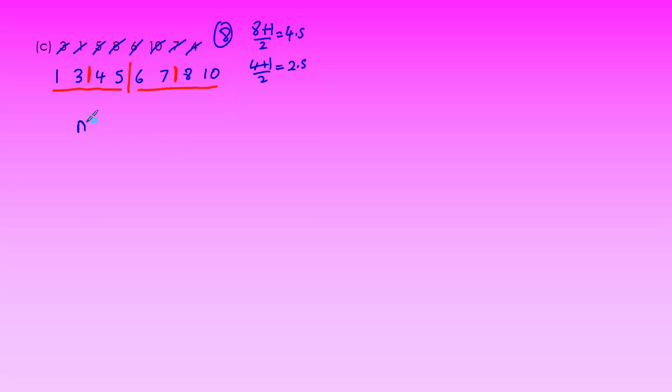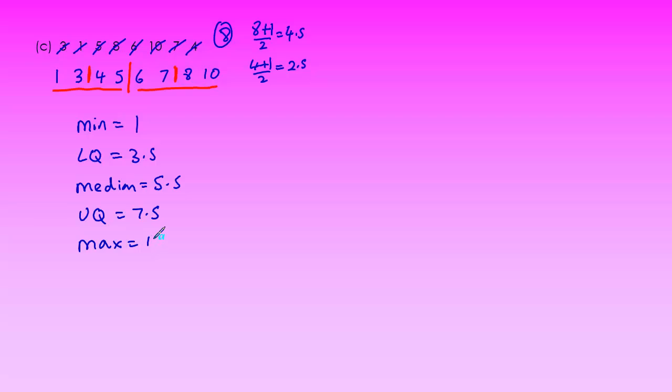So our minimum value we can see quite clearly is a 1. The lower quartile is going to be halfway between 3 and 4, which is 3.5. The median is going to be halfway between 5 and 6, which is 5.5. The upper quartile will be halfway between 7 and 8, which is 7.5. And then the maximum value is a 10.